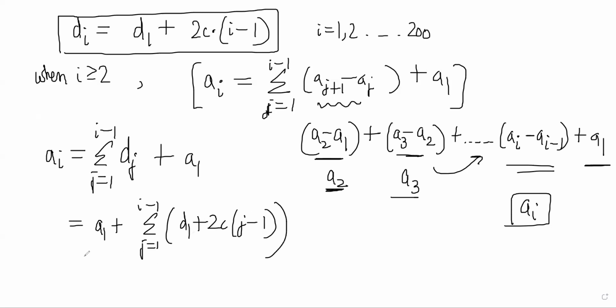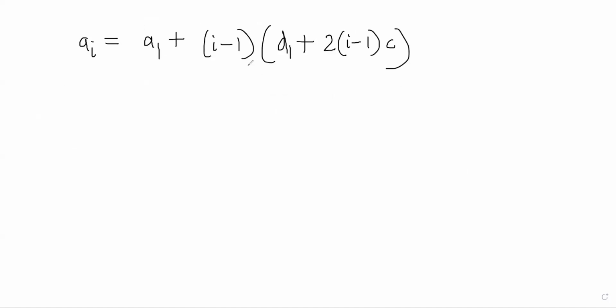You can do this summation easily, and I will leave it to you. The final value comes out to be ai equals a1 plus (i minus 1) times d1 plus 2 times (i minus 1) into c. This is the equation that comes for any ai.